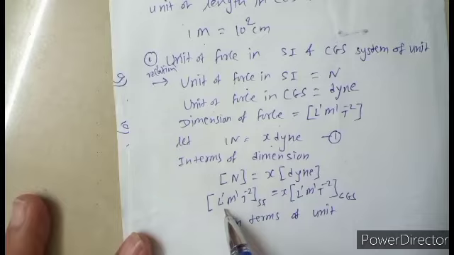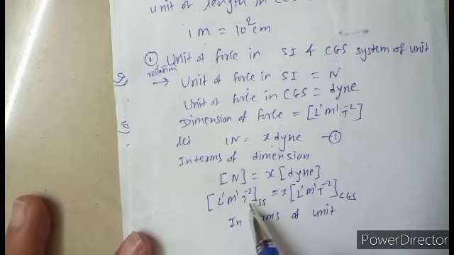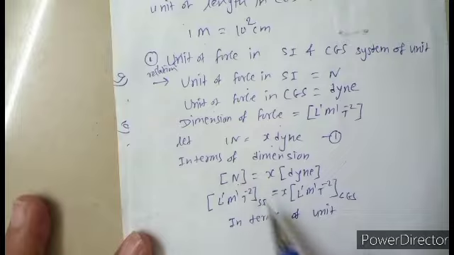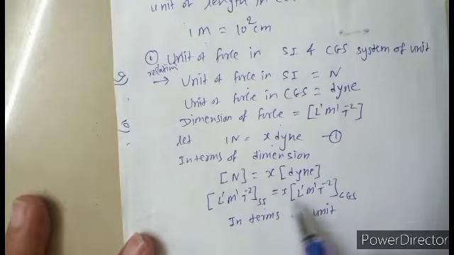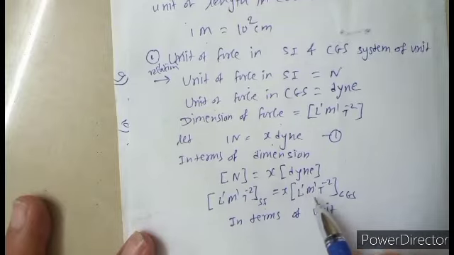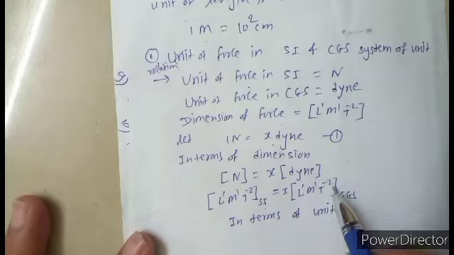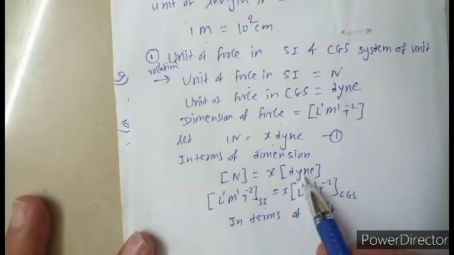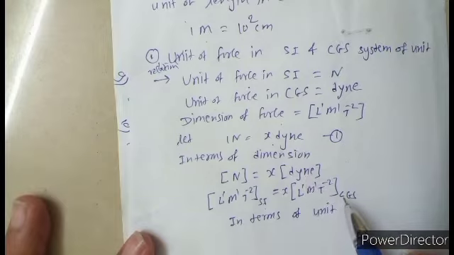So write the dimension L1, M1, T raised to minus 2. Newton is unit of force in SI system. So write SI. X as conversion factor, keep as it is. Again dimension of force L1, M1, T raised to minus 2. Dyne is a unit of force in CGS system, so suffix CGS.